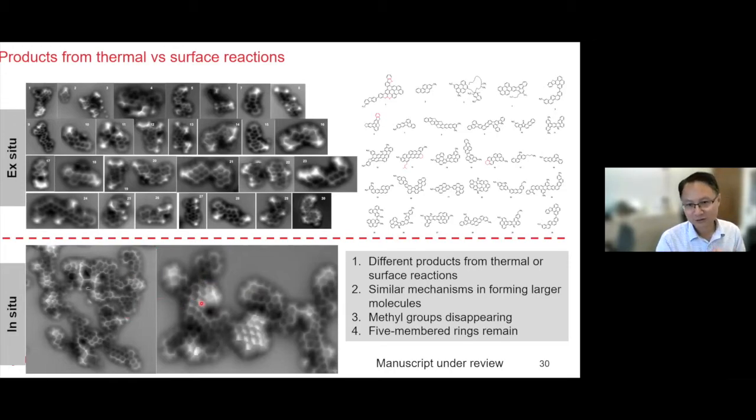In general, you can see that the methyl groups disappear and they became a larger PAH, but they didn't form a very nice graphene structure, and the 5-member ring is still there. So a hypothesis is that the methyl groups could potentially initiate the polymerization reaction.